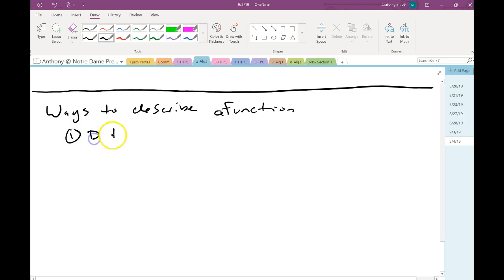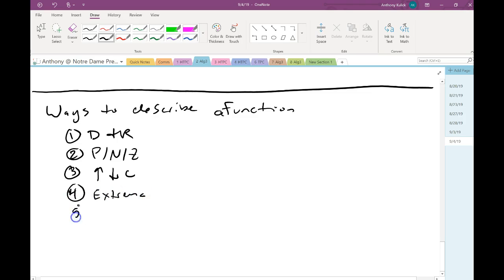We've talked about domain and range, positive, negative, zero, increasing, decreasing, and constant. We've talked about extrema, talked about end behavior, and we've been talking lastly about describing that function as a transformation.